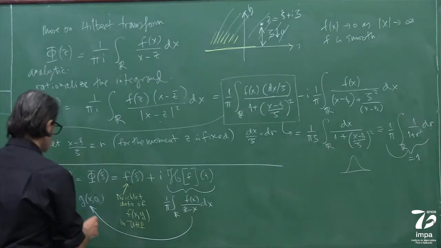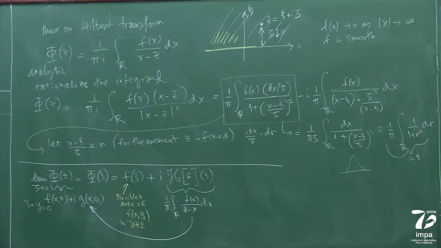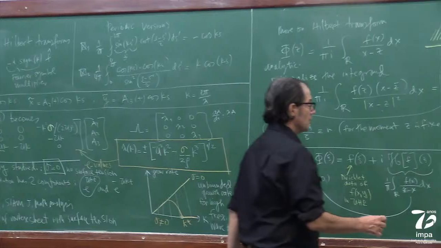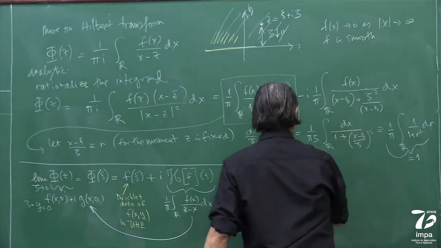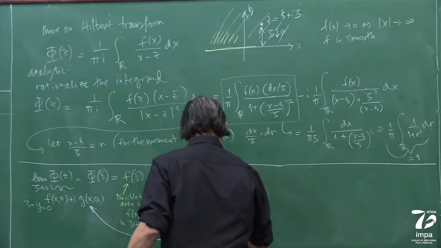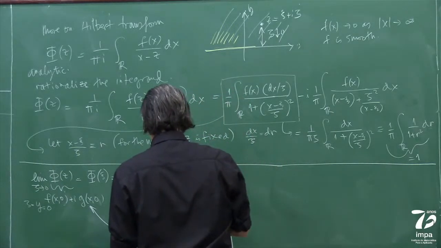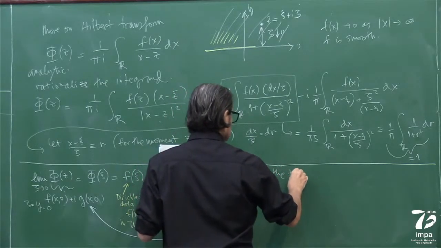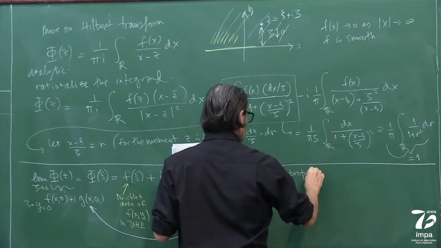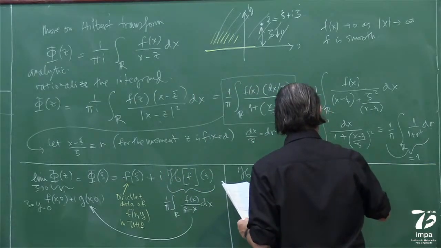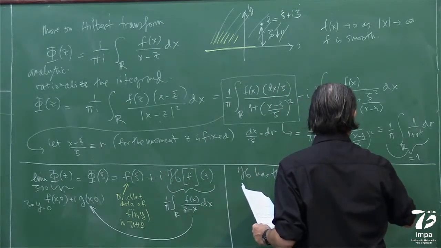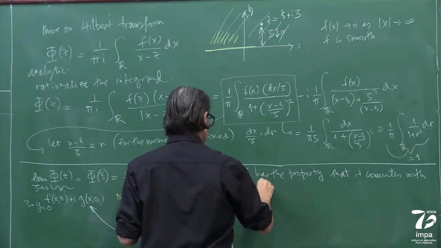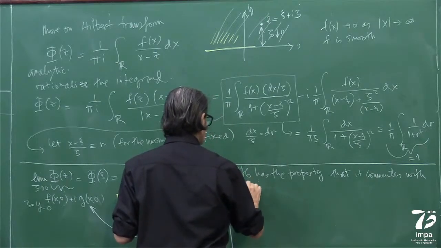So this is right, but I don't have to write this. This is the harmonic conjugate of g. So this is one way of seeing the Hilbert transform. And the Hilbert transform, let me use this space here, has to be shown, I will not show it, but it has the property that it commutes with differentiation.